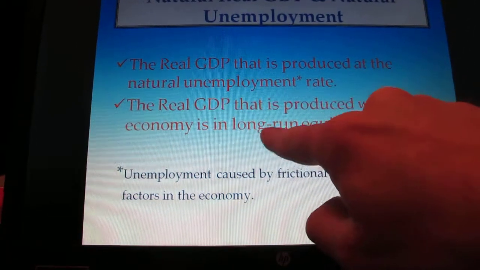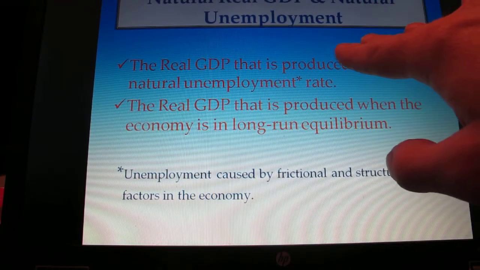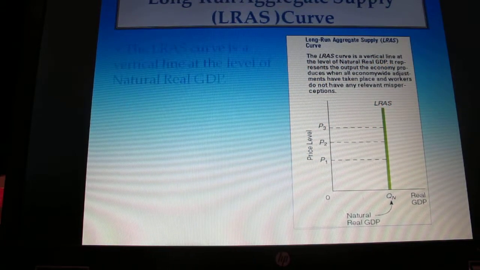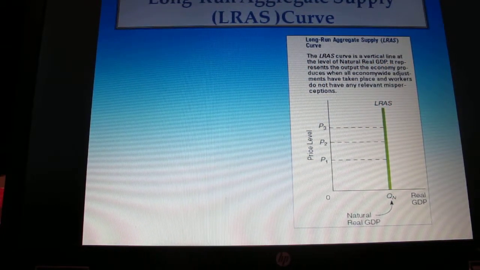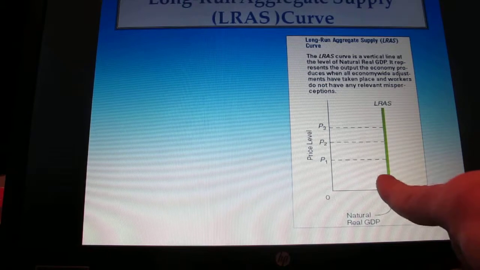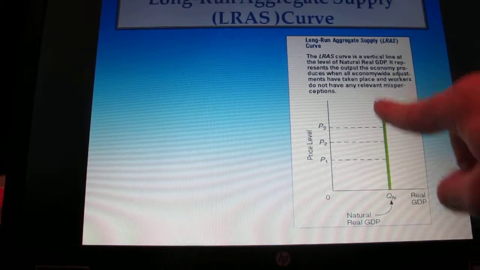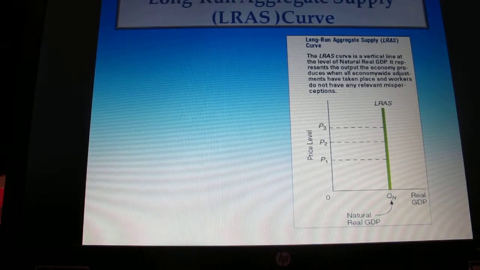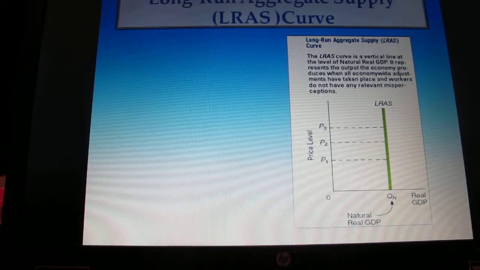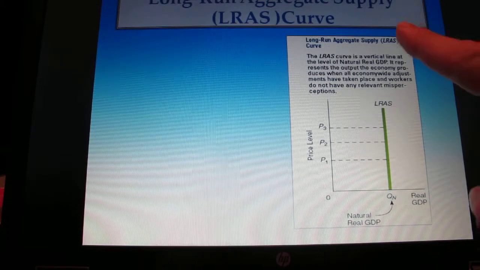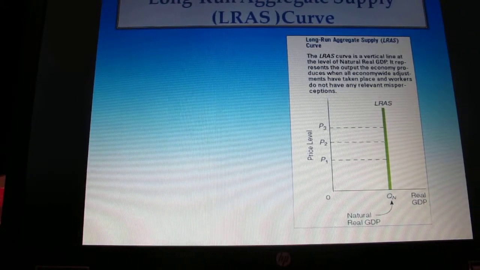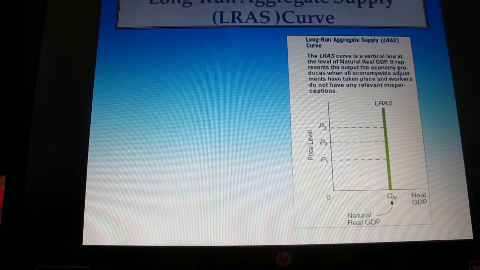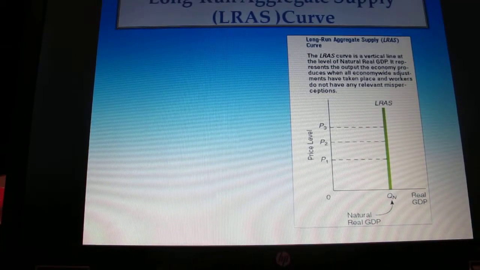So long run is further out. And the long run aggregate supply curve, I should say, is going to be a vertical line at the level of natural real GDP. Or, in other words, it's a vertical line at the potential GDP, what you could possibly get if everything was going great.